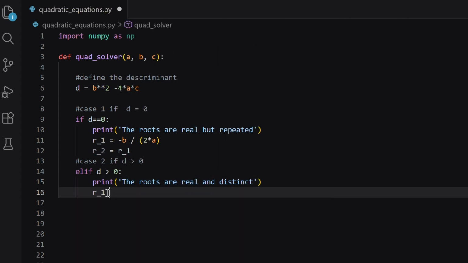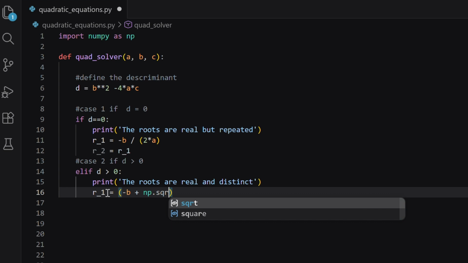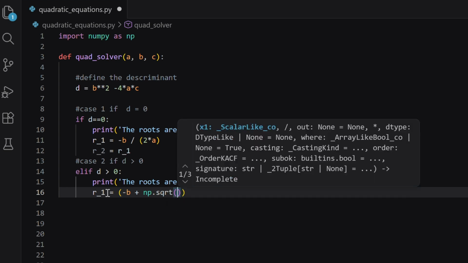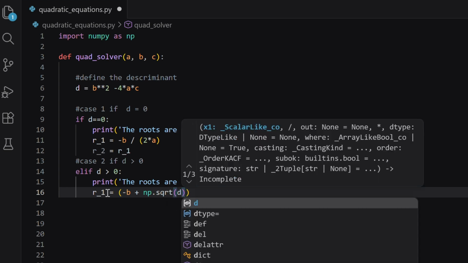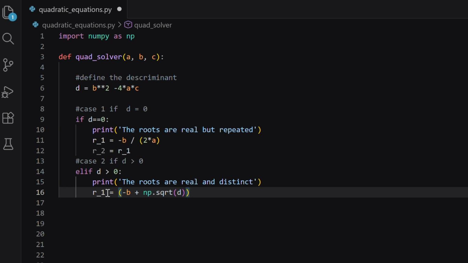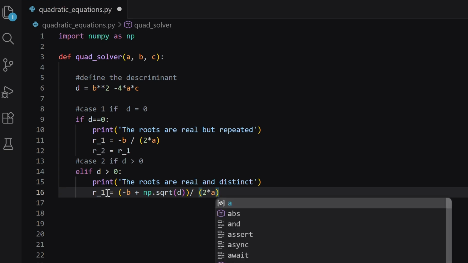Then we're going to have r1 to be equal to minus b plus the square root, np.sqrt of the discriminant, then all divided by 2a. So we put 2a in brackets.